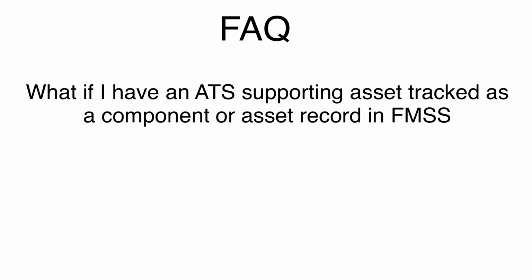In that scenario, yes, you do want to identify that maintained landscape record as part of the ATS. So for any ATS supporting components or asset records, the associated location record should be included with the ATS inventory.